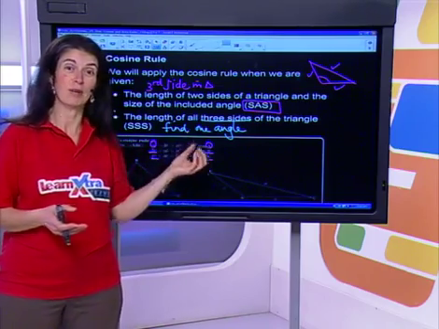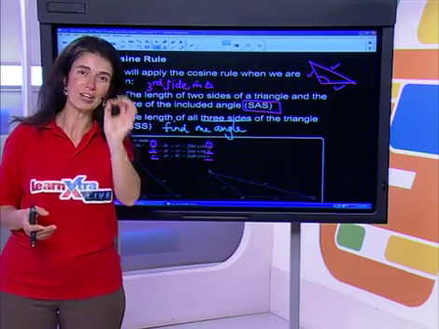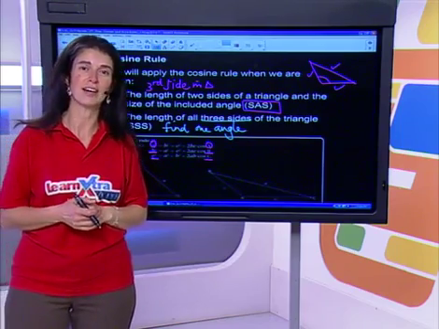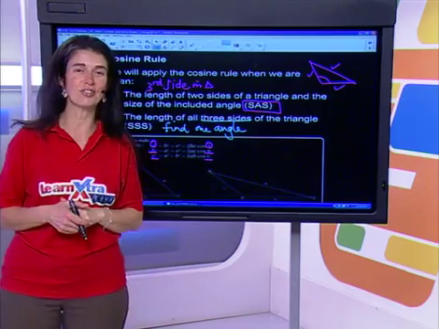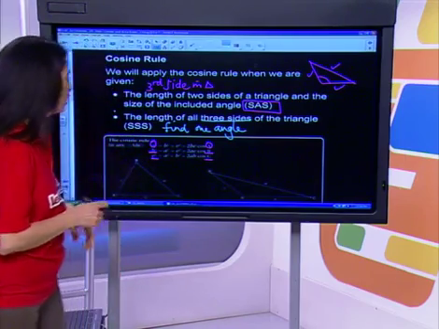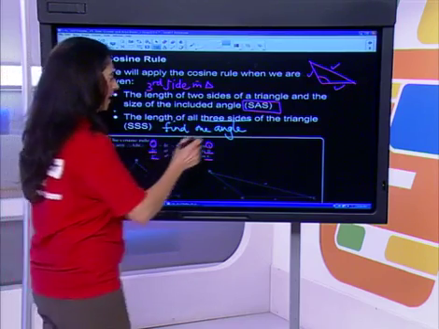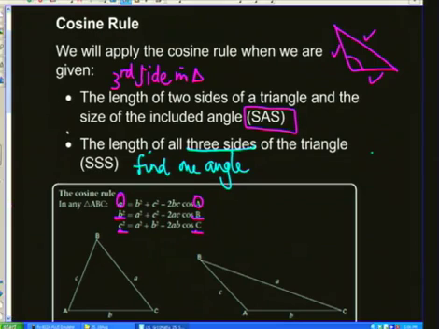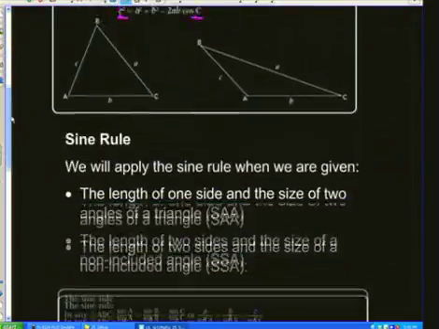For the first time, you are able to calculate that angle by using a formula. And I know this for the science students, when you're working with vectors, this is going to be very useful for you as well. So we are going to be able to find an angle if we are given SSS. So if we are given that side, and that side, and that side, the formula will allow us to calculate one of those three angles. Okay, so very, very useful rule.